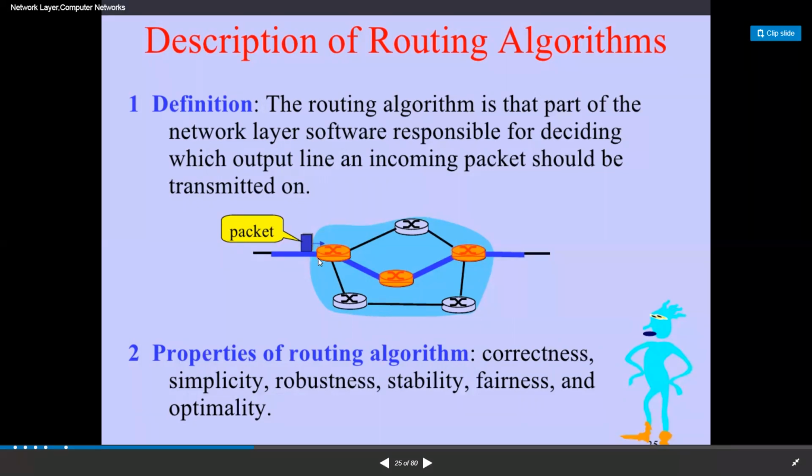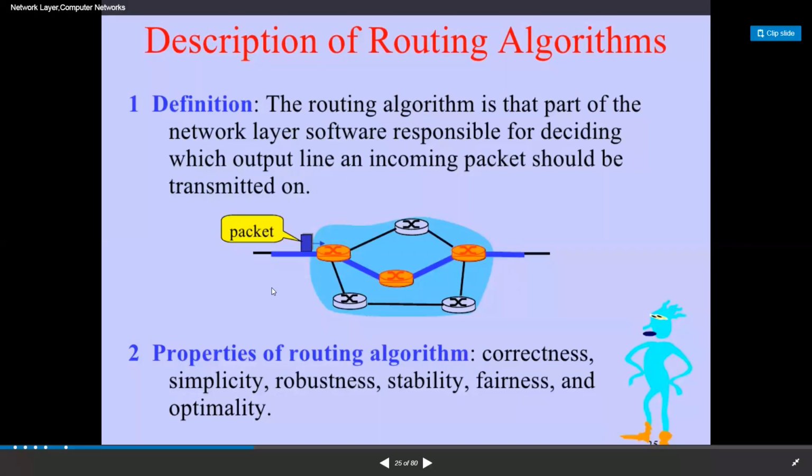Here the routing algorithm is responsible for deciding in which output line. For this router, we have this output line and this output line. The routing algorithm's responsibility is to decide in which output line the incoming packet will be transmitted. See here, the packet is coming from this host, and here the routing algorithm comes into picture, and it will decide.